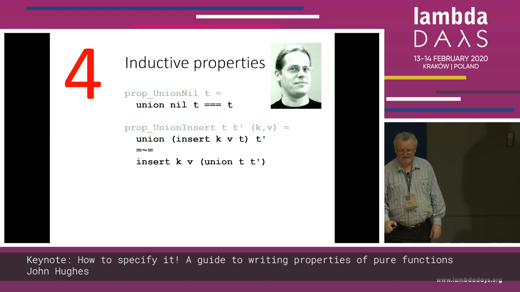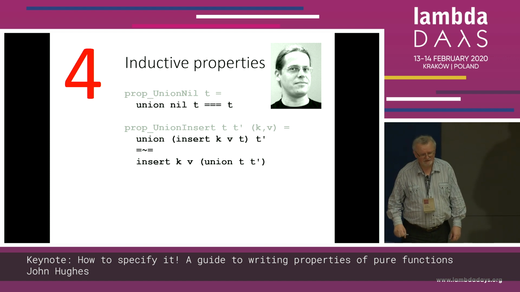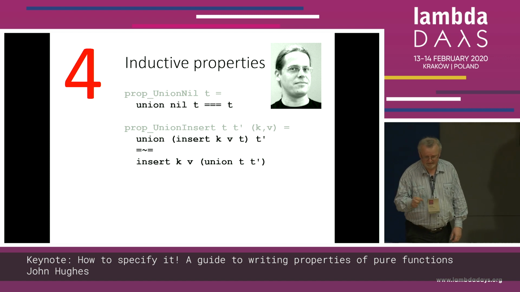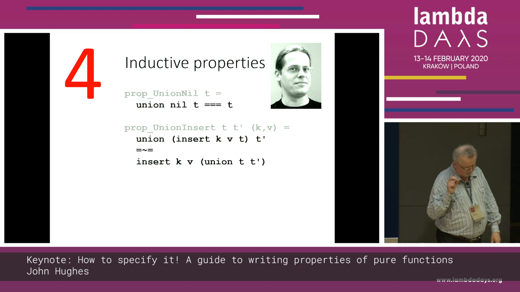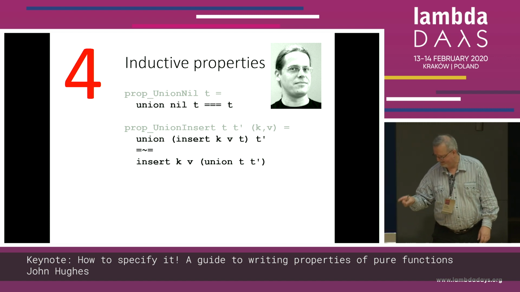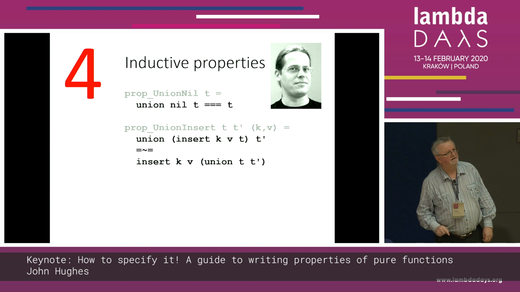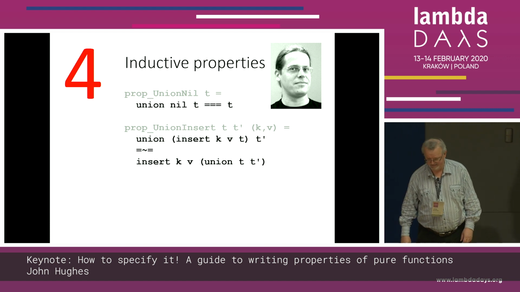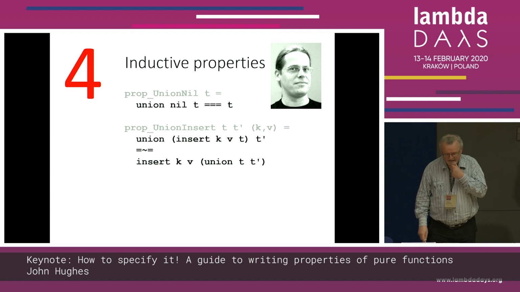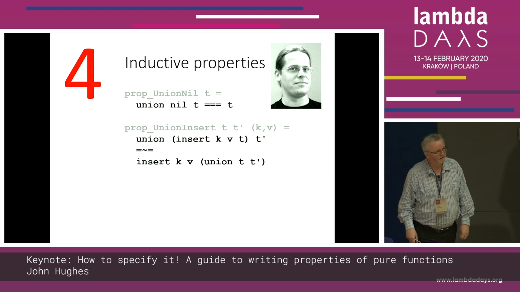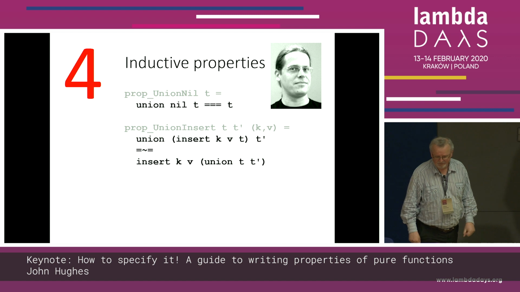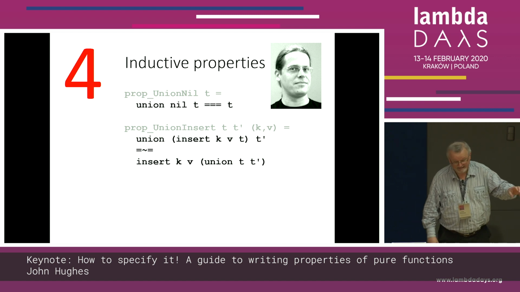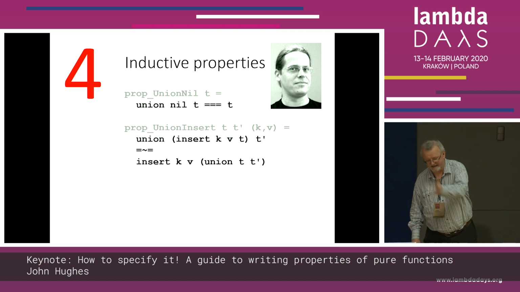Okay. I think I have a little time to show you the fourth idea. The fourth idea is what I call inductive properties, and this is something that Koen Claessen came up with. Koen was my co-inventor of Quick Check in the first place 20 years ago. So look at these two properties for union. The first one says, if you take the union of an empty tree and any tree T, you should get the same tree back again.